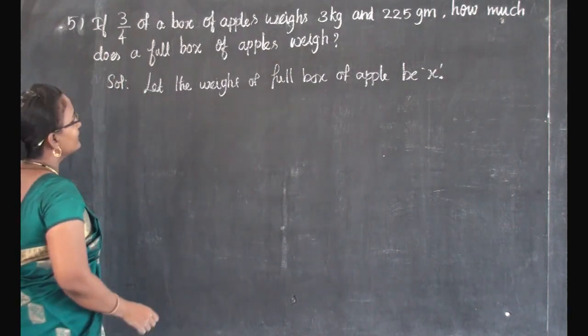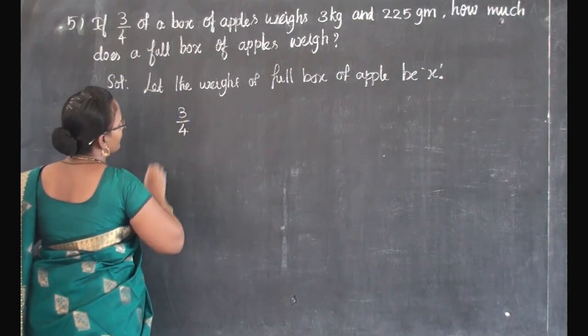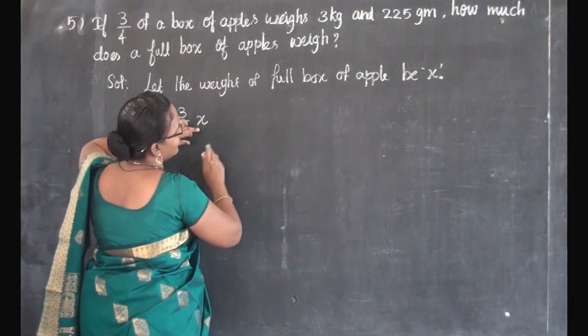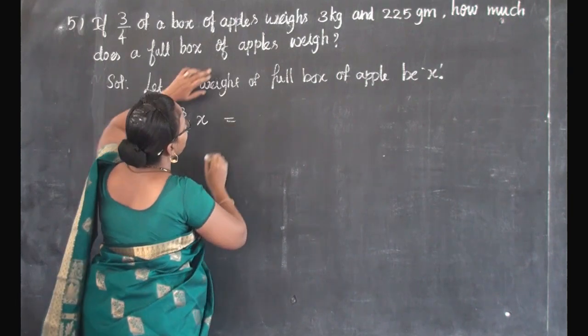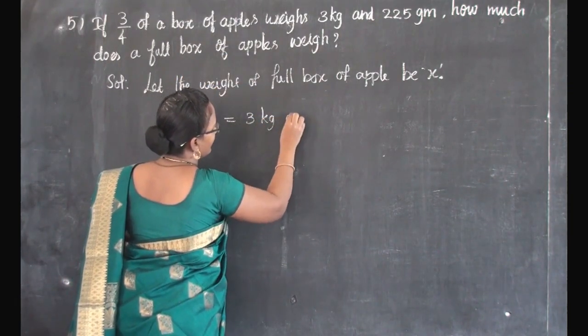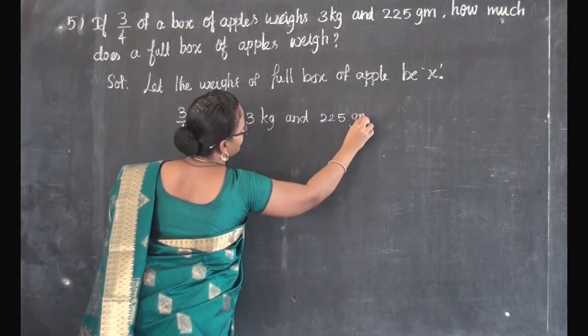What is given? 3 by 4 of a box. So 3 by 4 of a full box means x equal to how much? 3 kilogram and 225 grams.